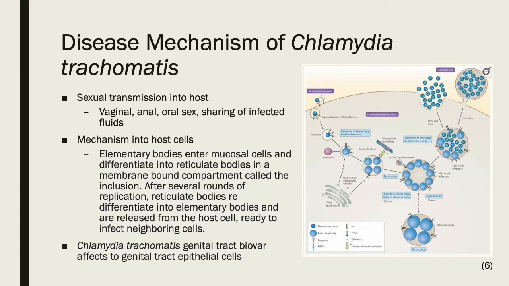The bacteria can be reactivated upon the removal of the stress. During the late stages of infection, reticulate bodies secrete late-cycle effectors and synthesize elementary body-specific effectors before differentiating back to elementary bodies. Elementary bodies exit the host through lysis or extrusion.